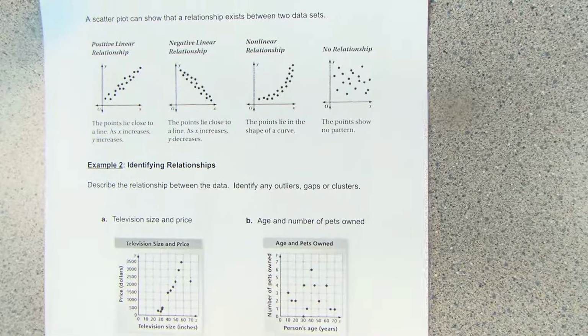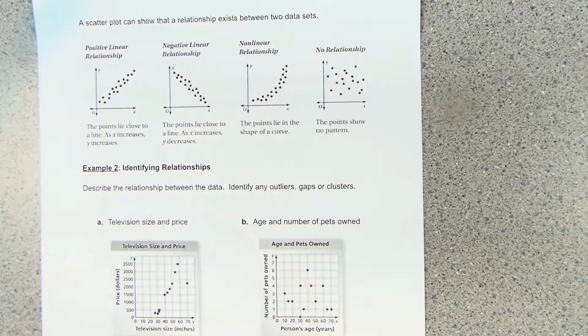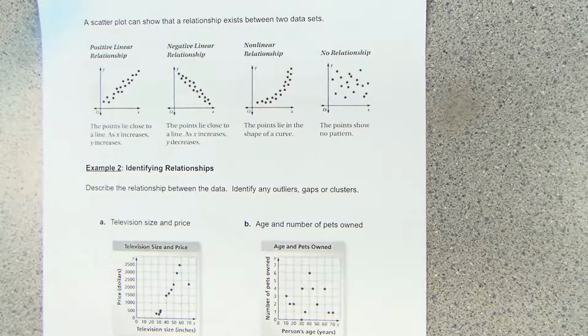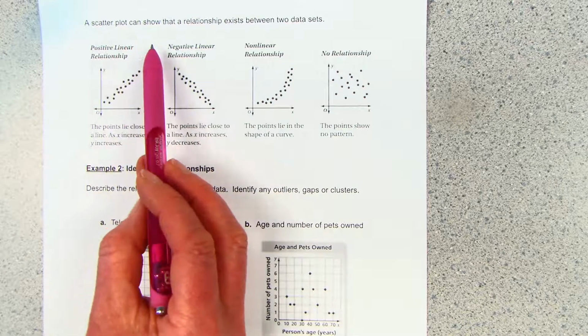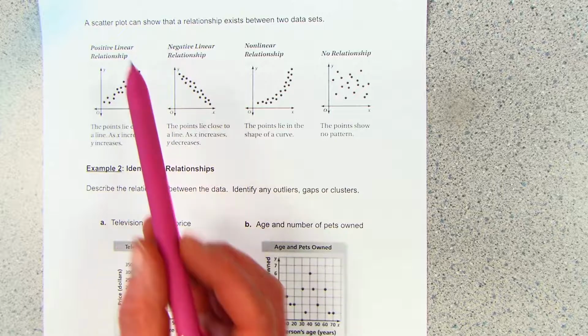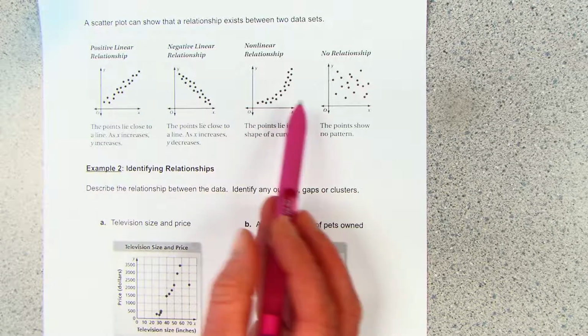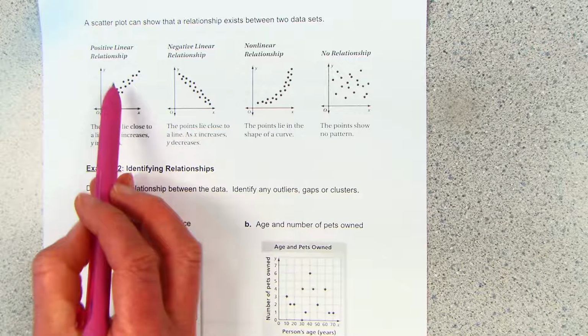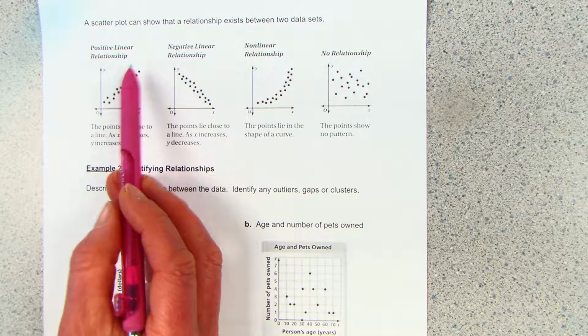All right. So this little visual is really probably the most important part of this set of notes. A scatter plot can show that a relationship exists between two data sets. So there are 4 different relationships that we'll look at. First could be a positive linear relationship.